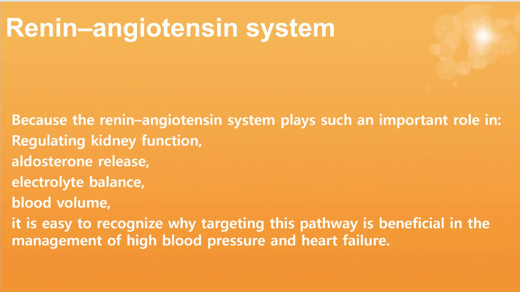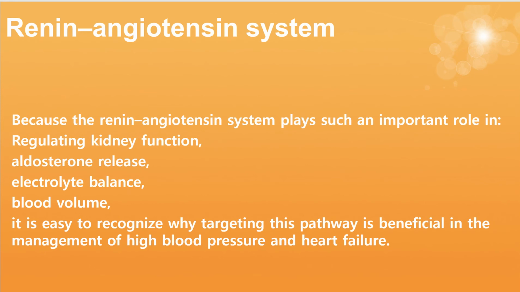All right, so because the renin angiotensin system plays such an important role in 1, regulating kidney function, 2, aldosterone release, 3, electrolyte balance, 4, blood volume, it is easy to recognize why targeting this pathway is beneficial in the management of high blood pressure and heart failure.